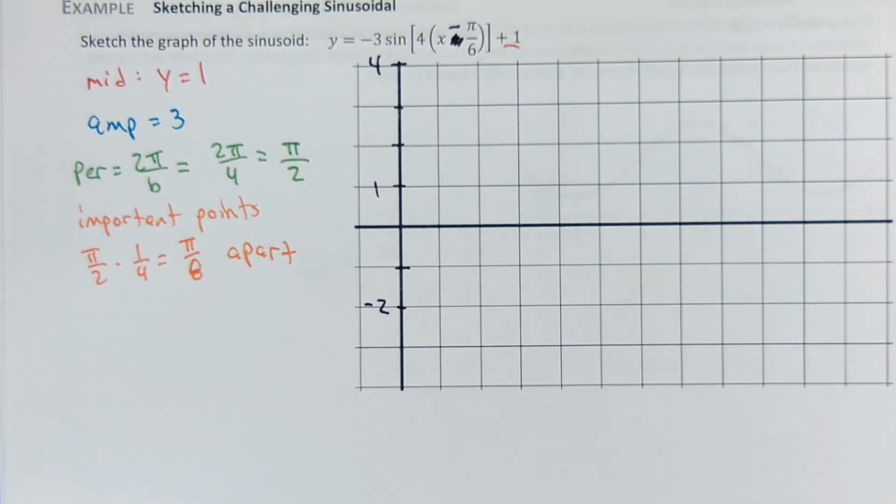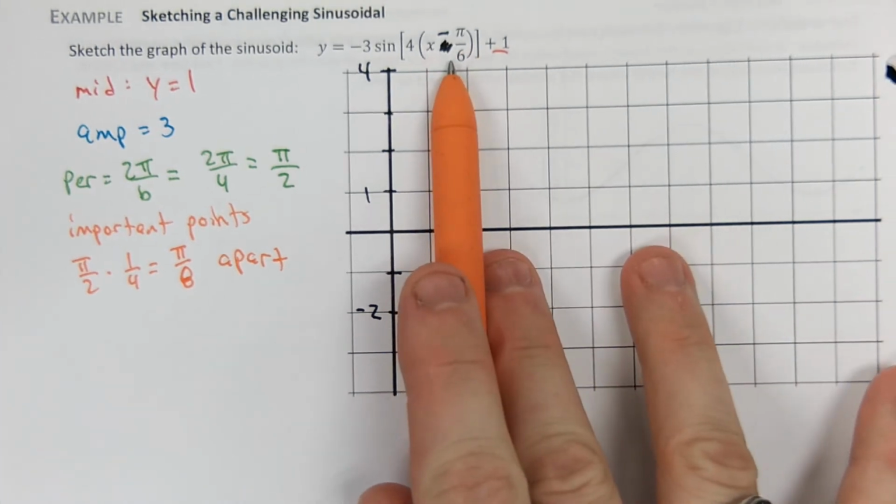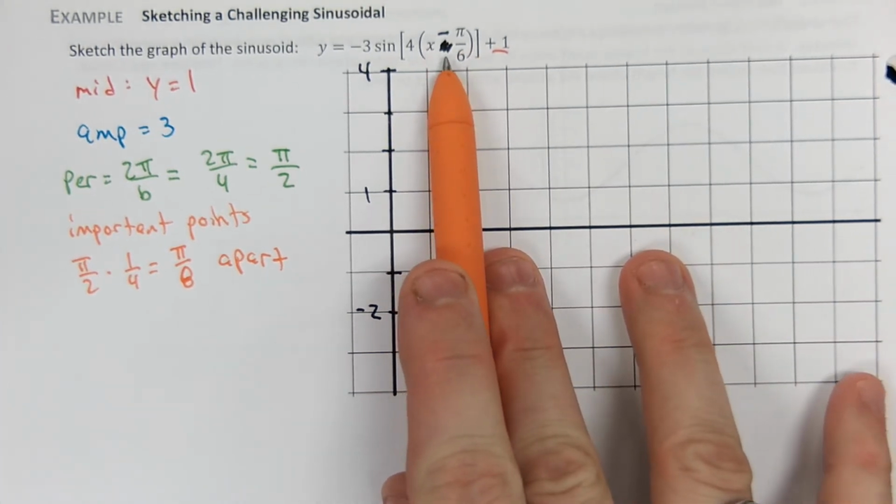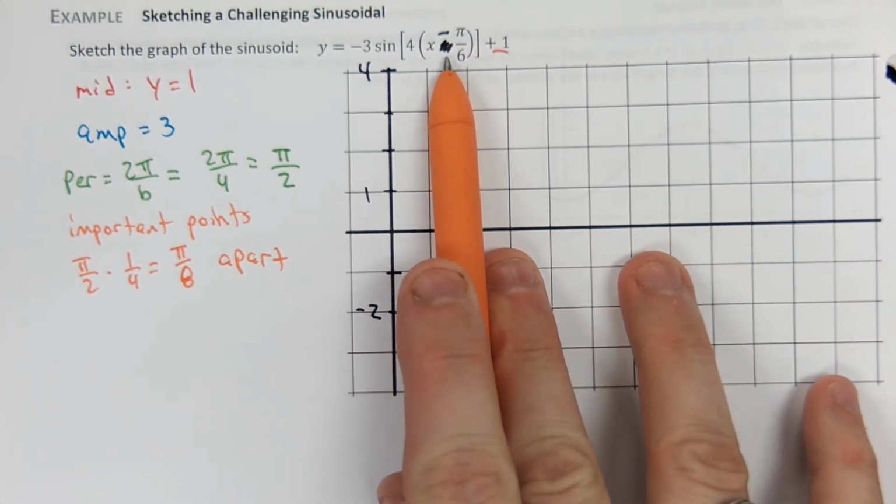But that does not mean we want our x-axis to go by pi over 8s. Reason why is what makes the inside equal 0. Positive pi over 6. That means the sine wave has been shifted to the right, pi over 6.